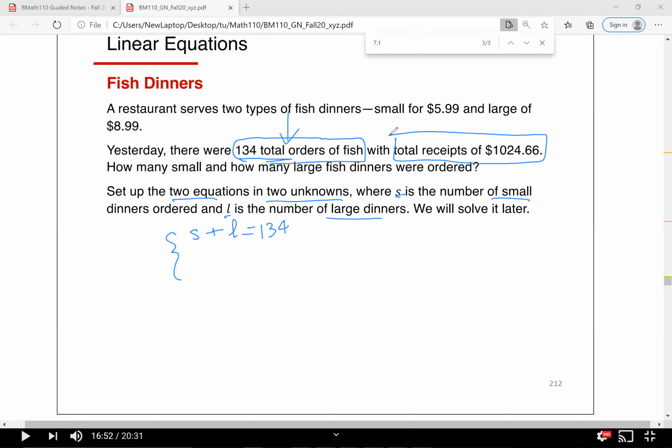Each one is 5.99, so with S small orders, that's 5.99S, plus 8.99 for each large order, where L is the number of large orders. That will be 1024.66.